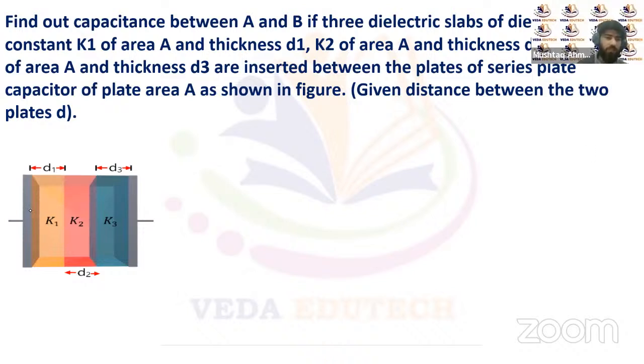What we have actually done is divide this capacitor vertically, dividing the distance D into three distances D1, D2, D3. If we divide a capacitor in such a way that the distance between the two plates changes, keeping the area the same, if we just divide this capacitor by dividing the distance in the form of D1, D2, D3, then the capacitors are formed with different dielectric constants, right?